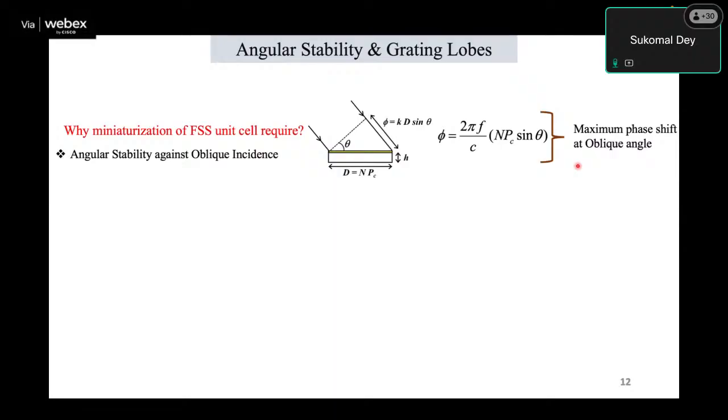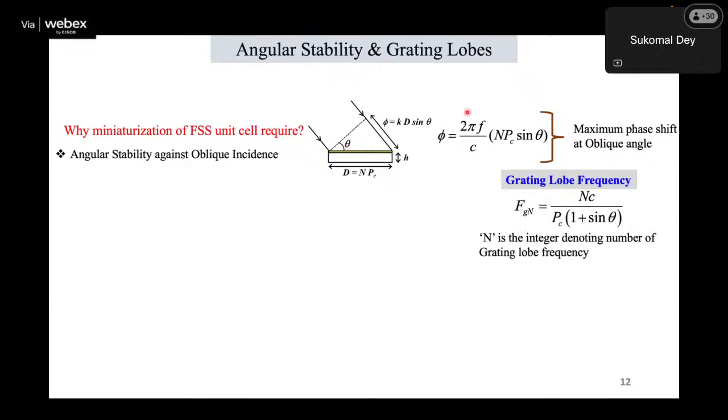Now, when you are talking about angular stability with respect to these oblique incidences, at that point in time you are going to face something like a grating lobe, because the grating lobe depends, surprisingly, on this n, on the periodicity, and on the sine theta.